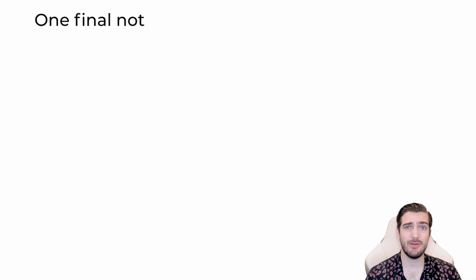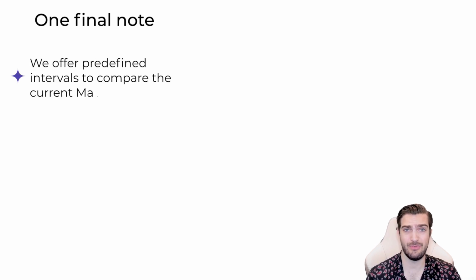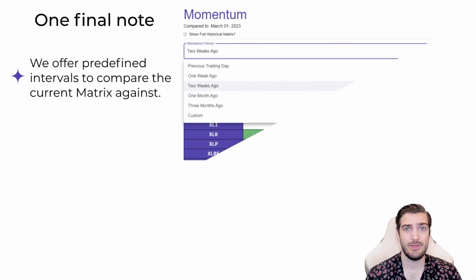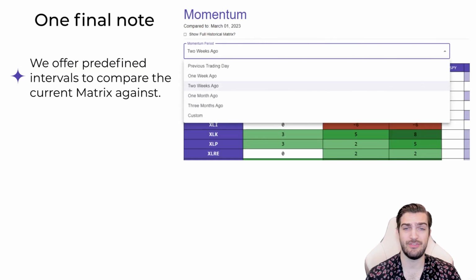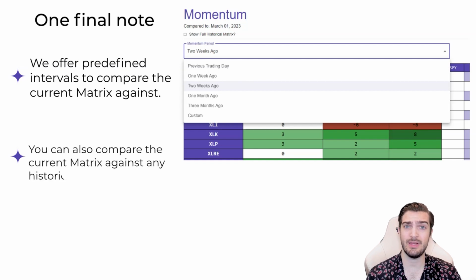Finally, to make your life a little bit simpler, we offer some predefined intervals for this momentum. You can choose from a drop-down to see the 1 week, 2 week, 1 month, and 3 month momentums. However, if there is a momentum period that interests you, you can also click Custom, which will let you then set a date for a historical matrix and compare how the current matrix looks compared to that historical matrix.